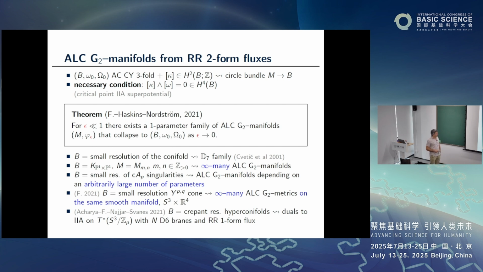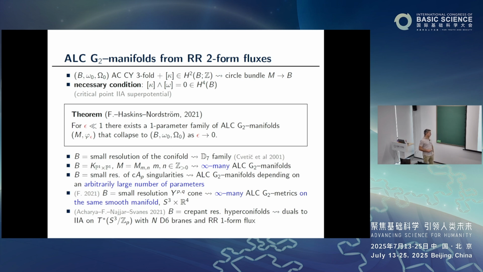Now you have lots of different choices of circle bundle depending on two integers, and as long as these two integers are positive, you can always find a Kähler class so that this condition is satisfied. Applying our theorem to this data gives you infinitely many of these ALC G2 manifolds.